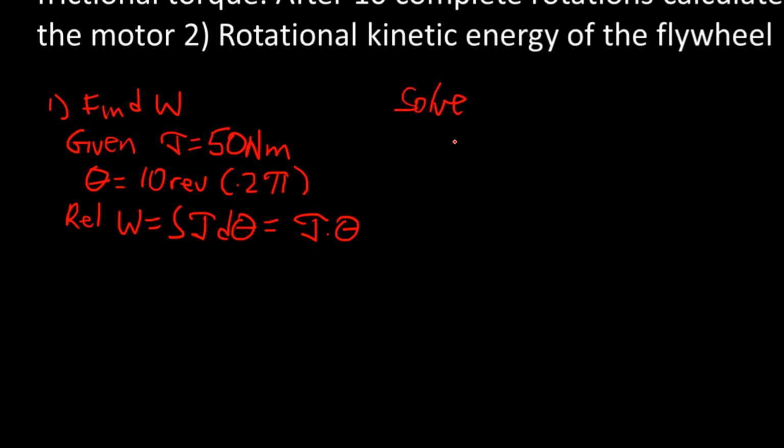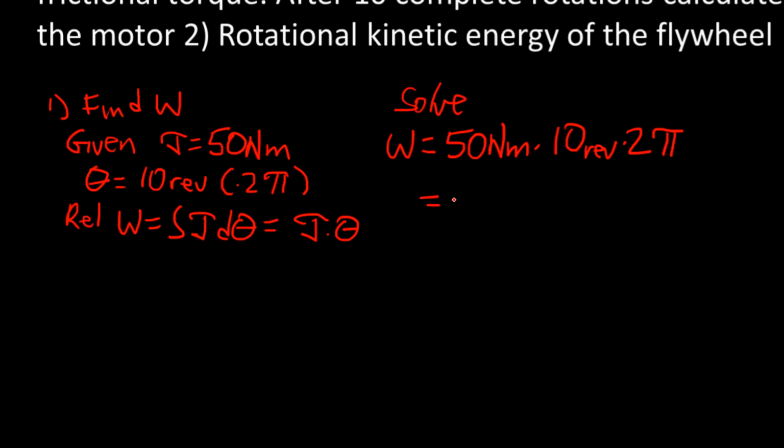Okay, so I solve. I see that work is going to be equal to our torque, 50 Newton meters. Our angle, or our change in position, is 10 revolutions times 2 pi.